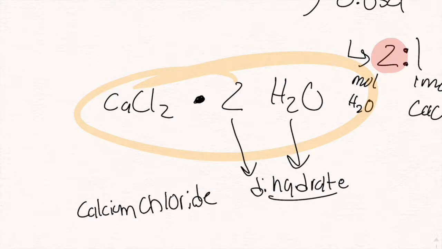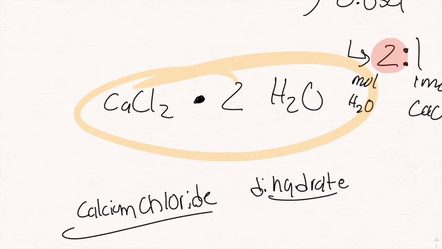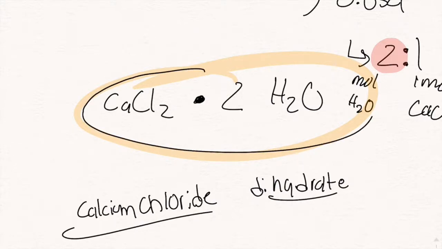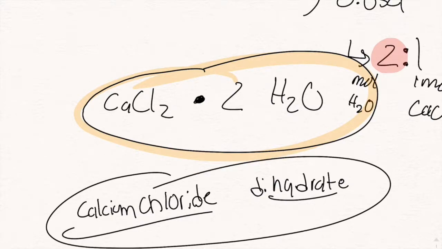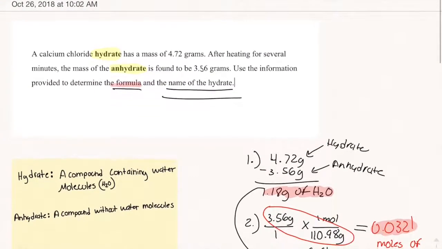And obviously calcium chloride came from this formula right here. So we've just figured out the formula for the hydrate and the actual name of the hydrate too. Calcium chloride dihydrate. CaCl2 2H2O. We've just solved this problem.